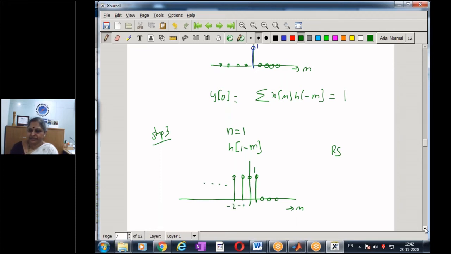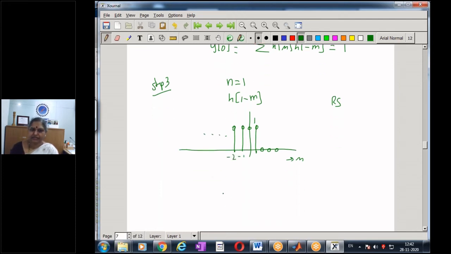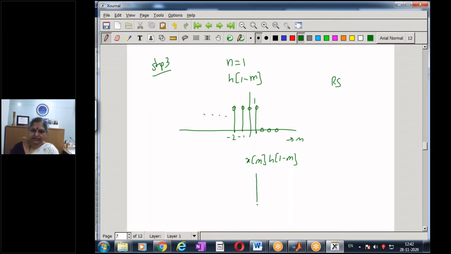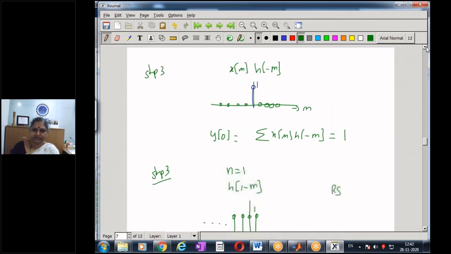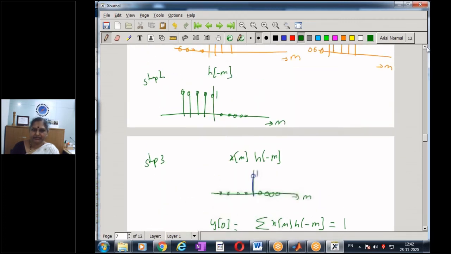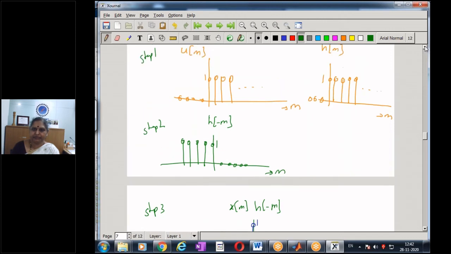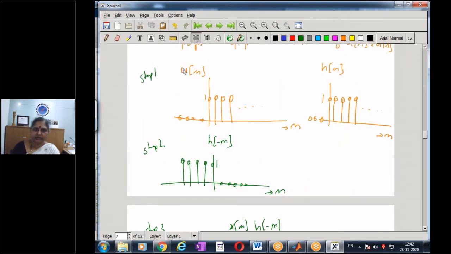After sketching this, I now need to sketch the product x of m into h of 1 minus m. For ease, let me bring down this so that we can see.